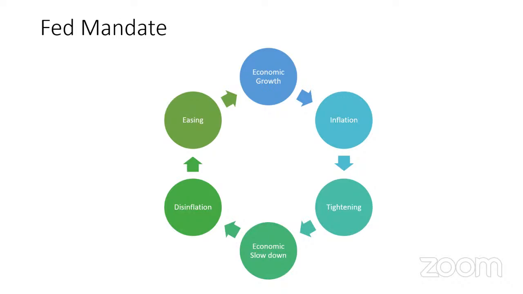So the first thing, we'll discuss this cycle before we get into different examples in the market about what is currently happening and where we are in this cycle. And the first thing that you can see at the top of this cycle is economic growth. So during periods of economic growth, of course, we have a lot of activity in the economy.